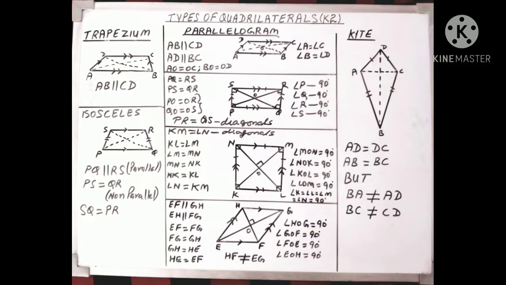That is, the diagonals are meeting at 90 degrees, but the diagonals are not equal, right? So these were type of parallelograms: the rectangle, the square, the rhombus. These are actually type of parallelograms.